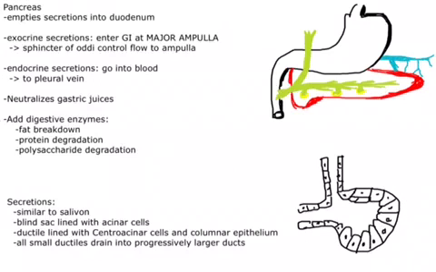In the salivary we call them duct cells, but here we have the ductule lined with centroacinar cells and columnar epithelium. All small ductules drain into progressively larger ductules, as you can see in the picture.